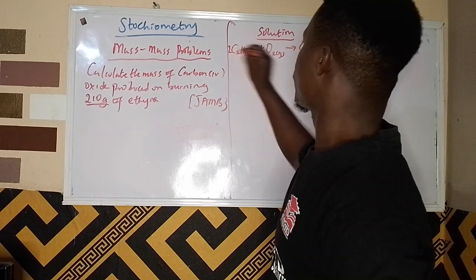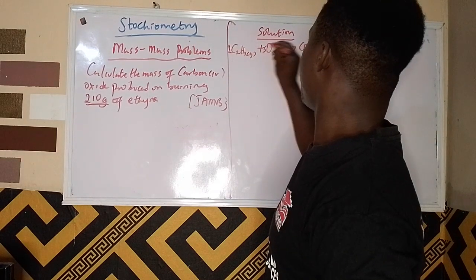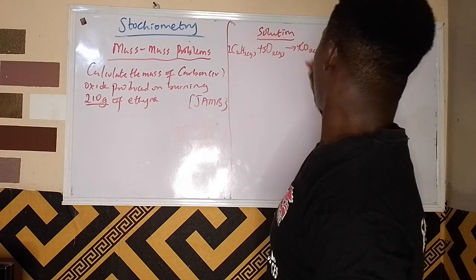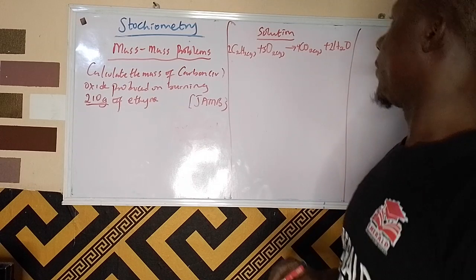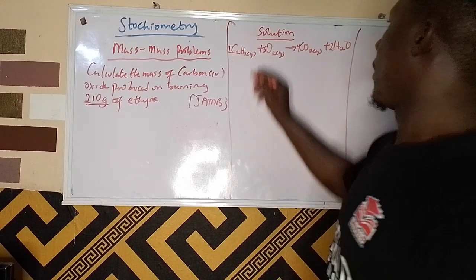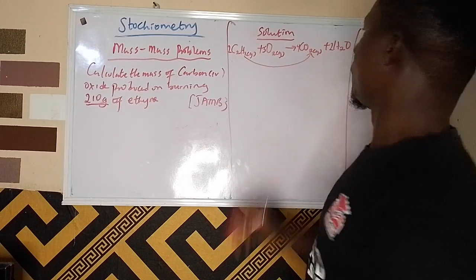If you balance, you are going to have 2, 5, 4, and 2 here. So this is how you balance the equation. But our focus is on this and this.